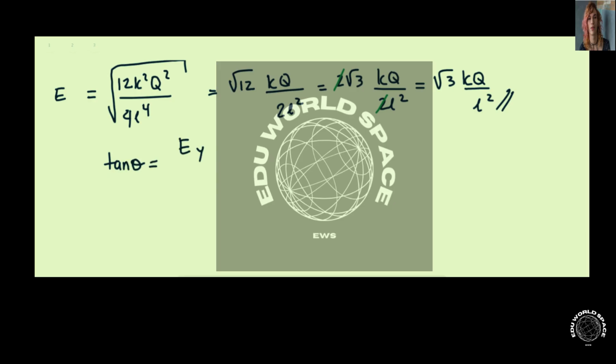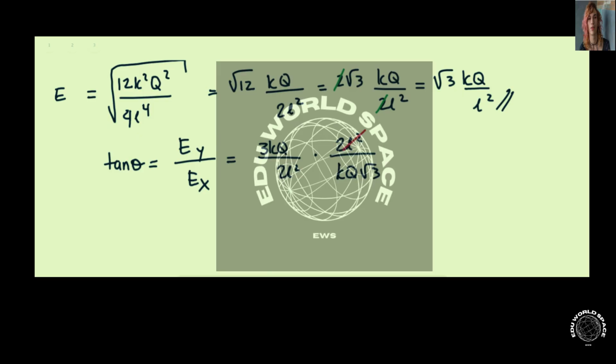Then the y component of the net field divided by the x component of the field is going to give us the tangent. If you remember, the y component of the field was 3kq over 2L squared. The x, I'm taking the inverse of it, 2L squared over kq square root of 3.